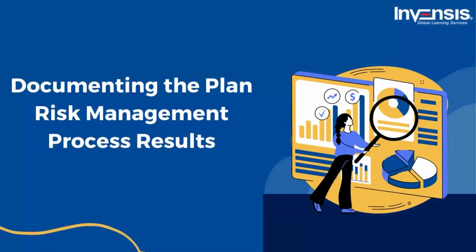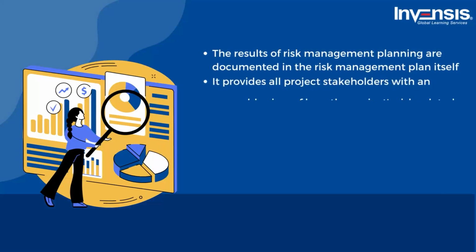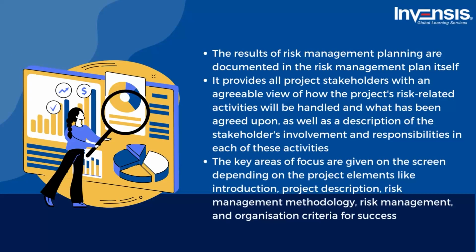In the next part of today's session, we will discuss documenting the plan risk management process results. The results of risk management planning are documented in the risk management plan itself. Now let us understand what the plan serves to do. It provides all project stakeholders with an agreeable view of how the risk-related activities of the project will be handled and what has been agreed upon, and a description of the stakeholders' involvement and the various responsibilities in each of these activities.